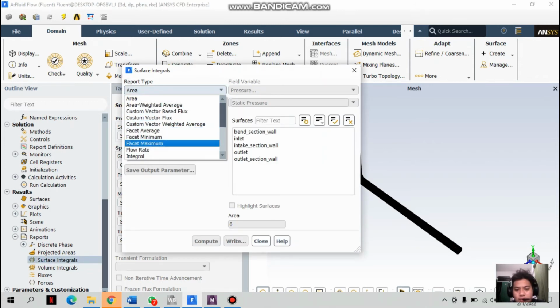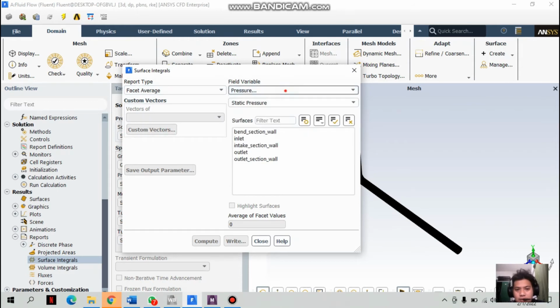So here you can see the result we got from this pipe, which is for pressure. We choose inlet and outlet and click compute. Thus the pressure we get is 78655.56 Pascal.